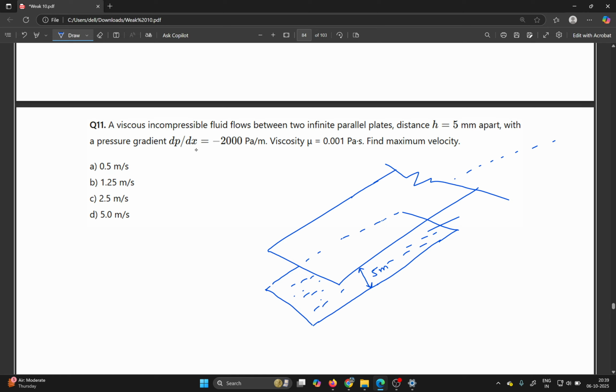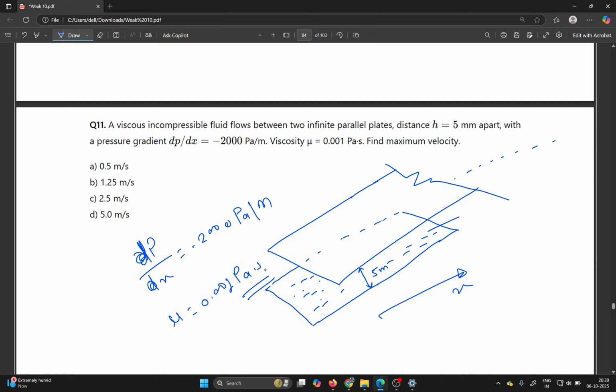There is a pressure gradient in the x direction: the pressure is decreasing, with a gradient of 200 Pascal per meter, and the viscosity is given as 0.001 Pascal second.